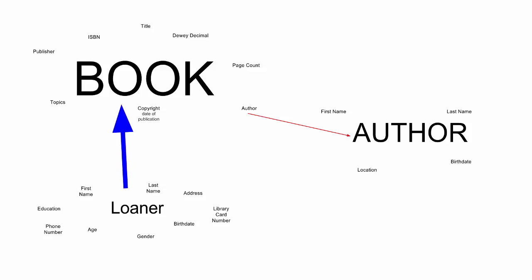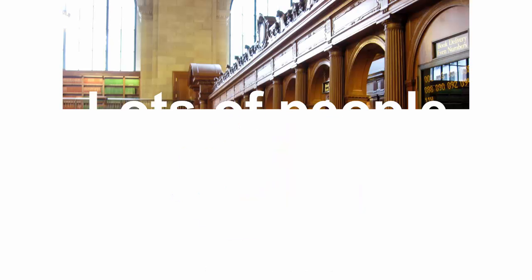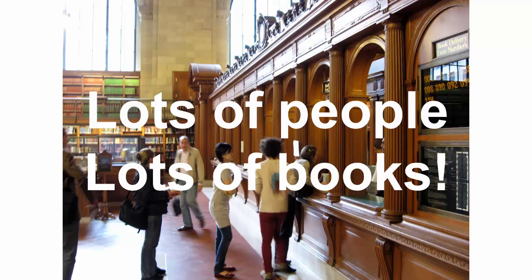This is all very simplistic: we have one book with one author and one loaner, just based on this thinking diagram that we have in front of us. But this is where you start, because eventually you're going to get to the point where you have lots of books. So then you need to start to think about, how do I take that concept and handle all of these books, because we're going to have lots of people with lots of books.